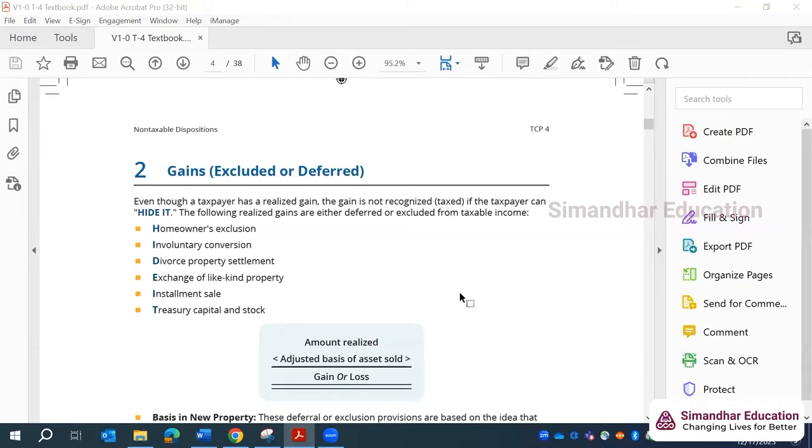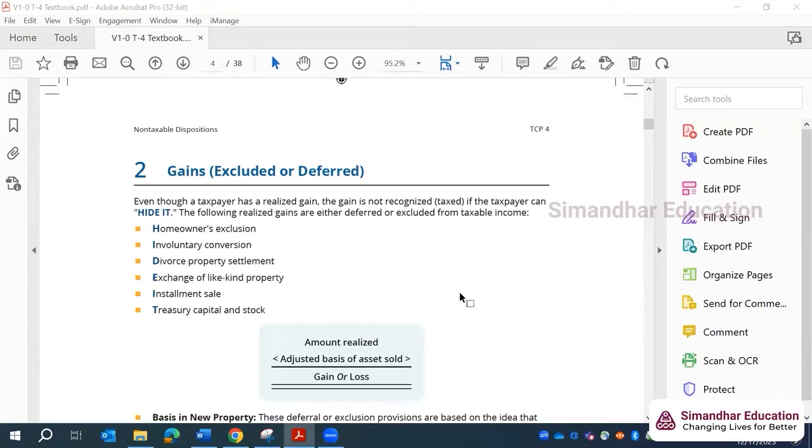Now, why is it important for me to tell you the different filing statuses? The reason is that when we do the homeowners exclusion section, we need to know the filing status of the individual, because based on that we would know how much of the gain we will be able to exclude.